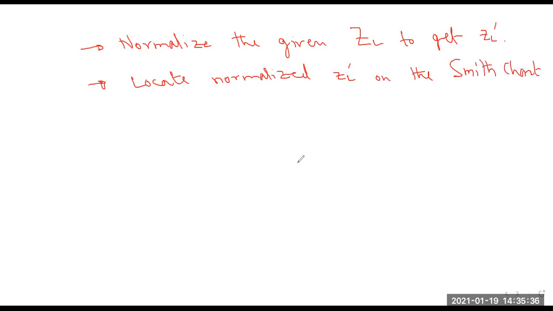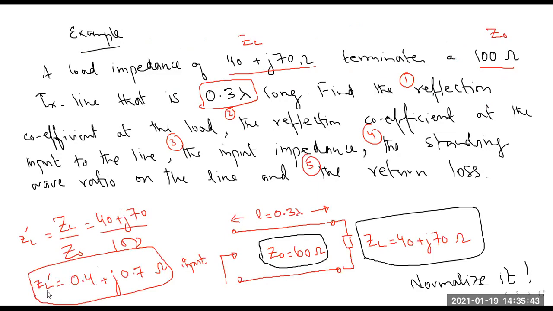So let me open the Smith chart in front of you, and we are going to find out where is the location of this normalized load. It's 0.4, so the real part or resistive circle is of 0.4, and the reactive or imaginary part is 0.7. So you need to find out where this circle is on the Smith chart.